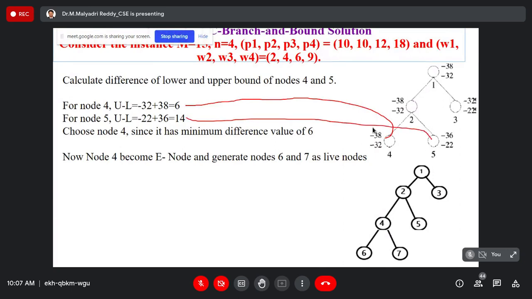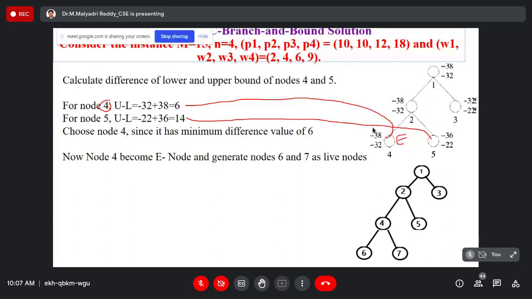So the differences are 6, 14. So the minimum is 6, and 6 means node 4. Node 4 becomes the E node.